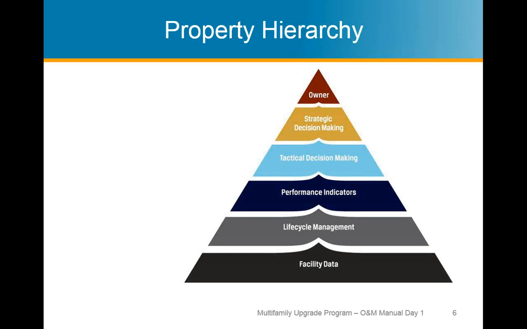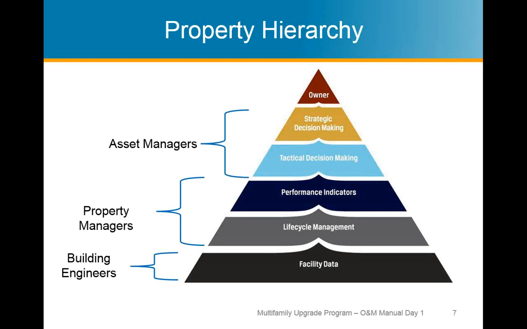This is essentially boiling down the different tasks or metrics of a building into its appropriate hierarchy. And so we assigned each one of these tasks or data points or topics a role within the building ownership or stakeholder pool. And so this is what we came up with.